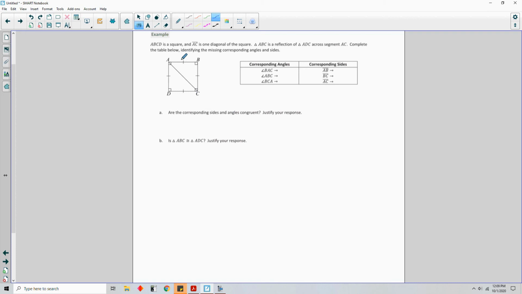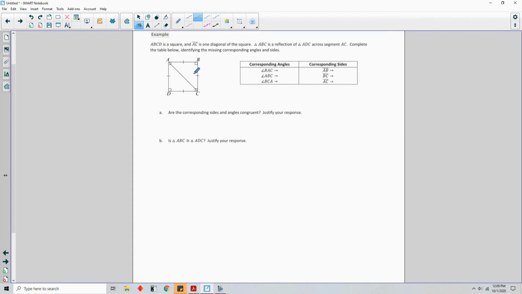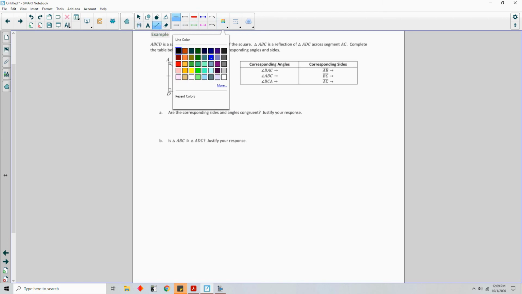Complete the table below identifying the missing corresponding angles and sides. So here we go. Angle BAC is right there. If we're reflecting across AC, it is this segment right here.